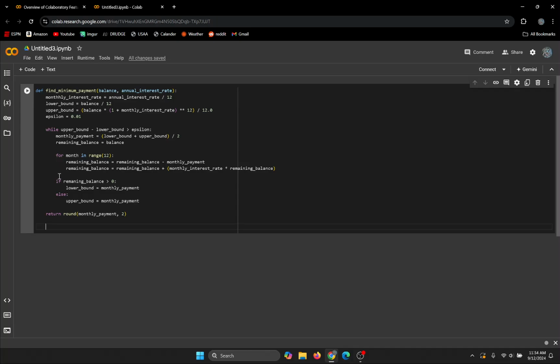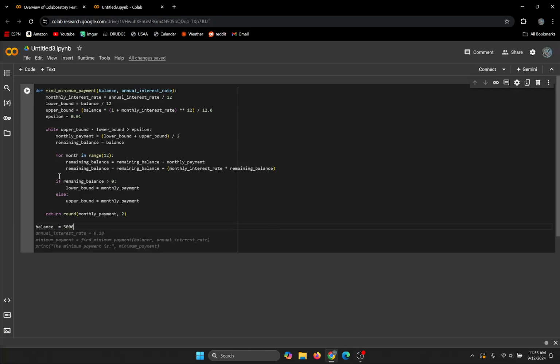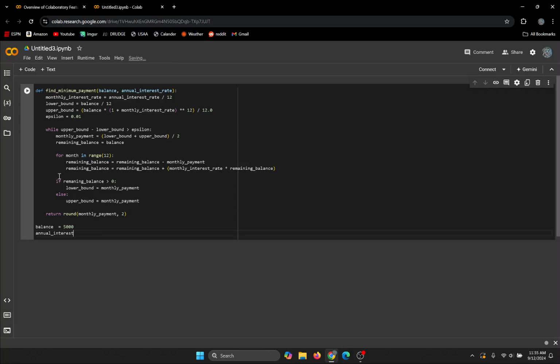Now we're going to define our values to plug into the function. So we're starting with $5,000, the annual interest rate of 18%, if I can spell it right.